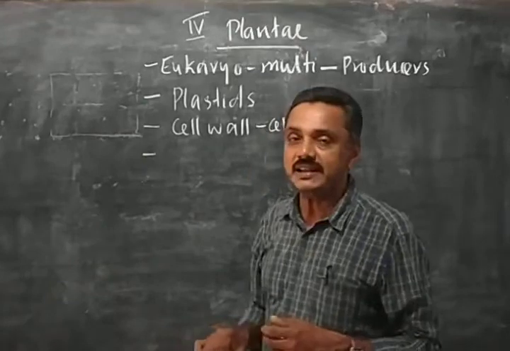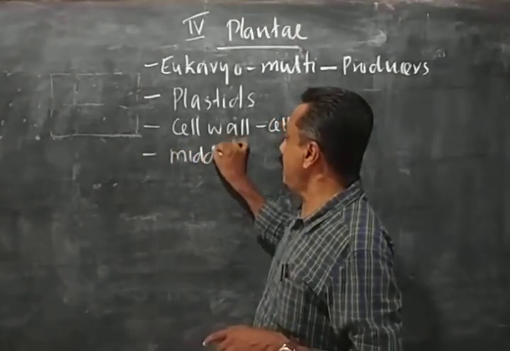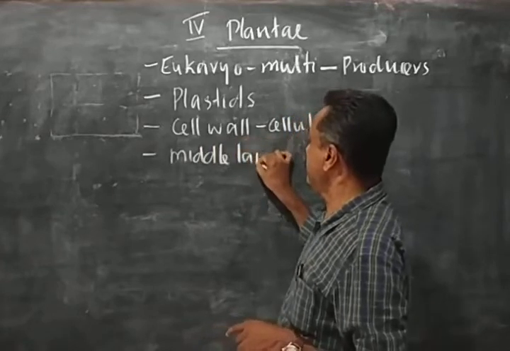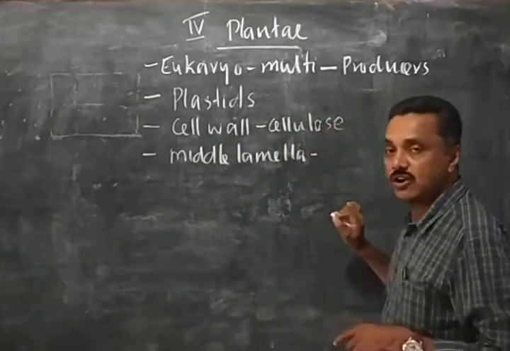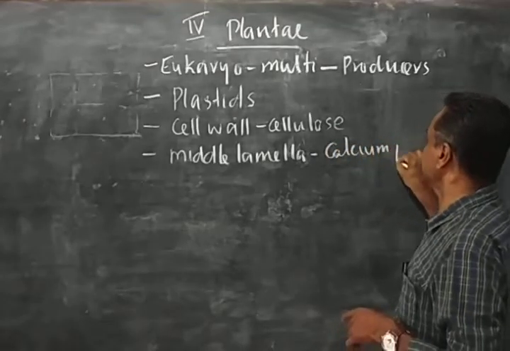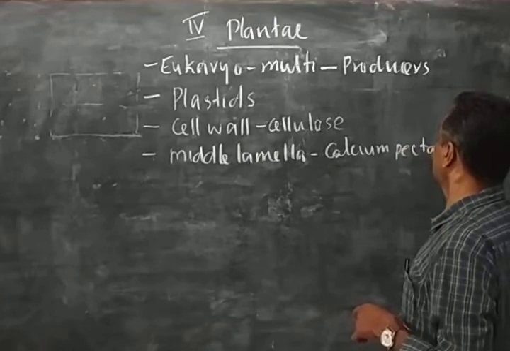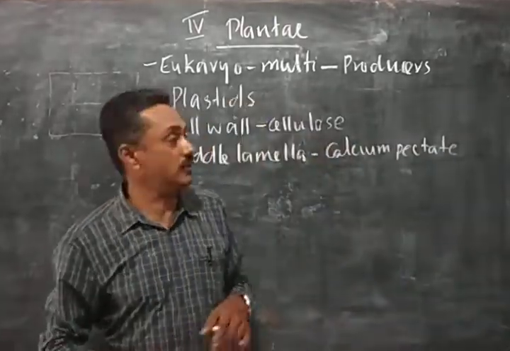Another point is that cells are joined by a structure called the middle lamella, which is made up of calcium pectate. We can study this later on.